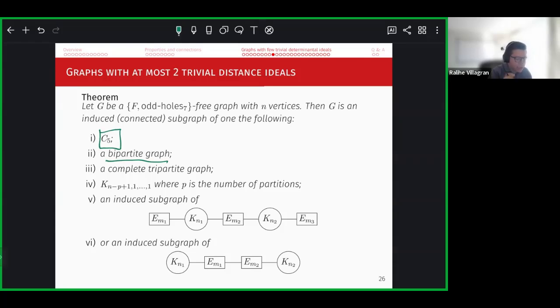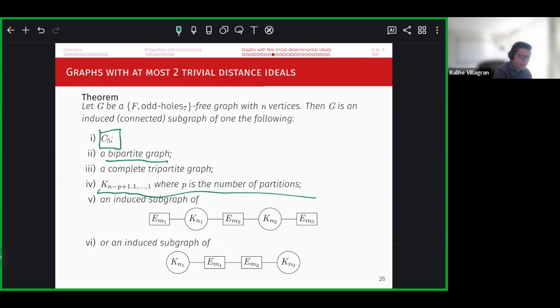So, okay, bipartite graphs, complete tripartite graphs, multipartite graphs that look like that. Every partition consists of only one vertex, except for one of those partitions.